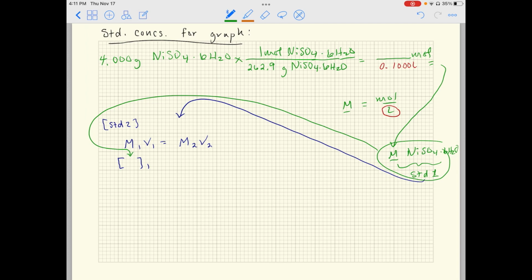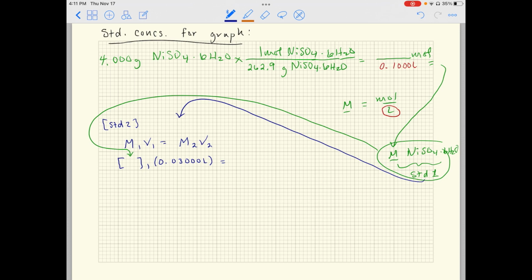And then you're going to multiply that by the volume that you took. And according to the lab, for that first one, you pipetted out 30 mL. Again, we have to be in the right unit, so liters. So we pulled out 30 mL or 0.03000 liters from solution 1.